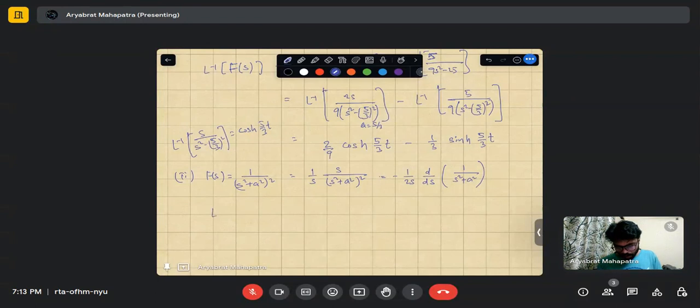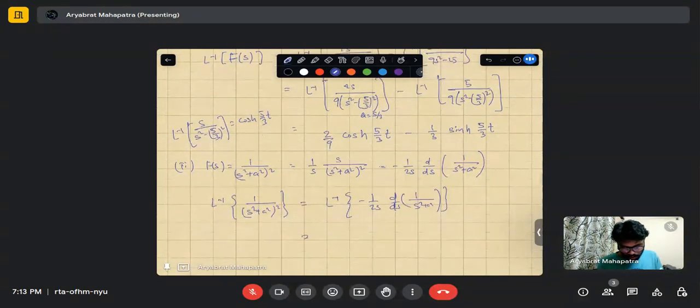So I can write this as the Laplace transform of 1 over s squared plus a squared, basically giving me 1 over 2s times that, so that is minus 1 over 2s. You see that the derivative is done on 1 over s squared plus a squared.